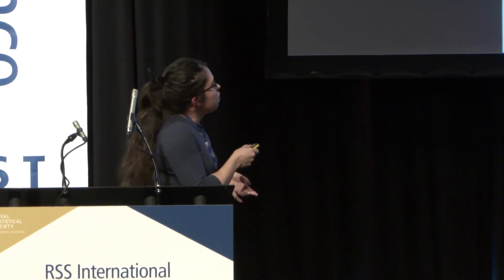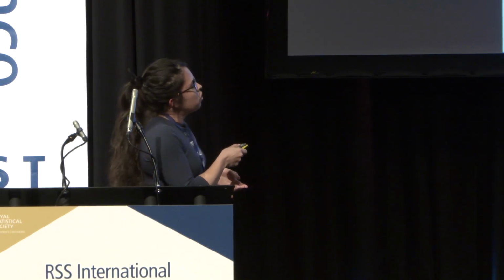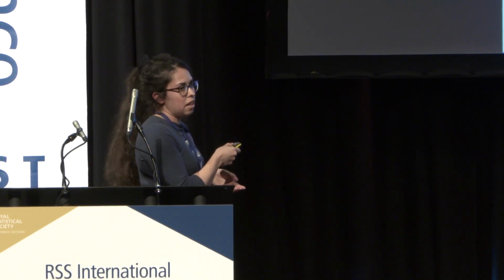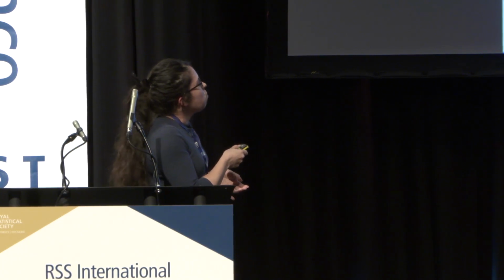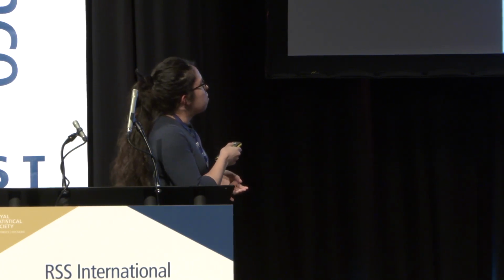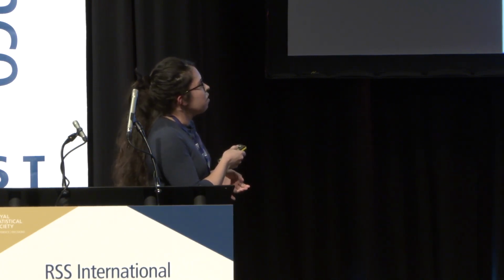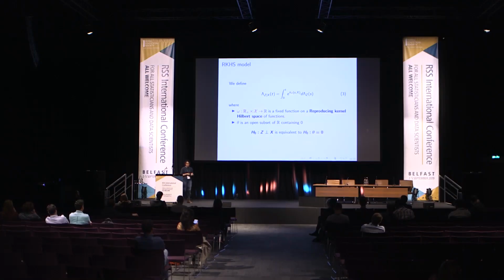So instead of having beta X, we are going to have two parameters, theta, and a function omega that goes from times and covariates to R. And we are going to pick this function in an RKHS. It is going to be known. It's a fixed function, different from 0, so the problem is not trivial. And we are going to allow theta to be an open subset of R containing 0.